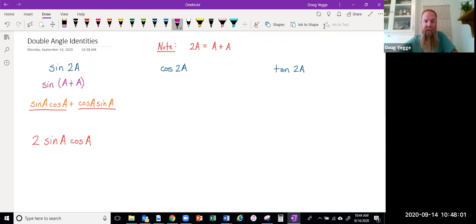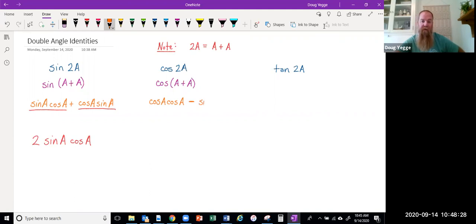So we could do that same thing over here and recognize that cosine of 2a is the same as cosine of a plus a. And now by the cosine formula, this is where we have cosine, cosine. So we have cosine of a, cosine of the second. And then remember, for cosine of a sum, that becomes a difference.